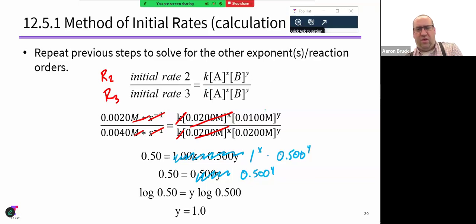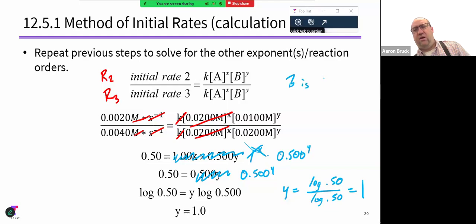We know that this has canceled out, so we can get rid of it. 0.5 to the y, we take the logarithm of both sides. We end up getting y is equal to the log of 0.50 divided by the log of 0.50, which we would recognize as 1. And so we would conclude that B is first order as a result.